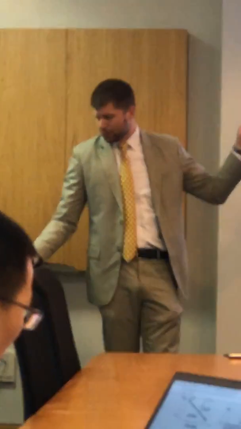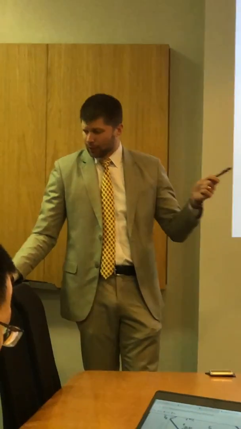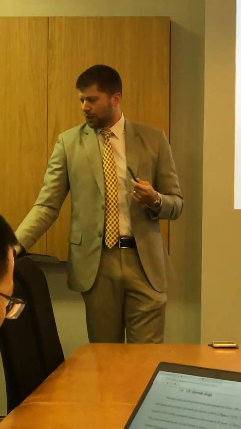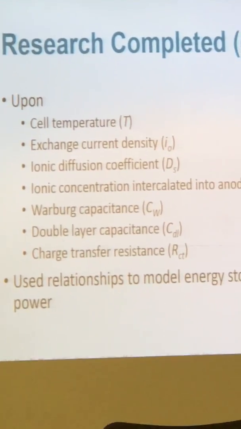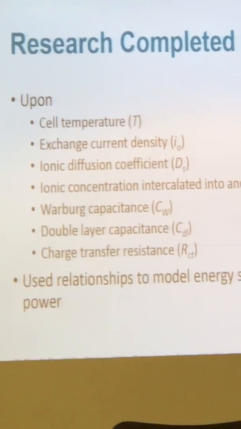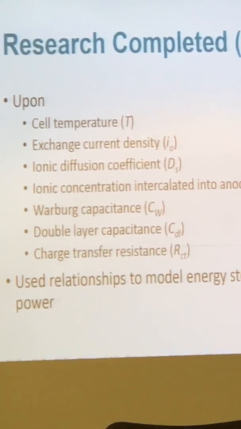Specifically, the cell temperature, using the Butler-Volmer equation, the exchange current density, the ionic diffusion coefficient, the ionic concentration that's been intercalated into the anode, the Warburg capacitance of the cell, its double layer capacitance, and its charge transfer resistance. And from this, I was able to build a better model that accurately predicted the energy storage as a function of the charge current and the constituent components I just told you about in the previous slide.